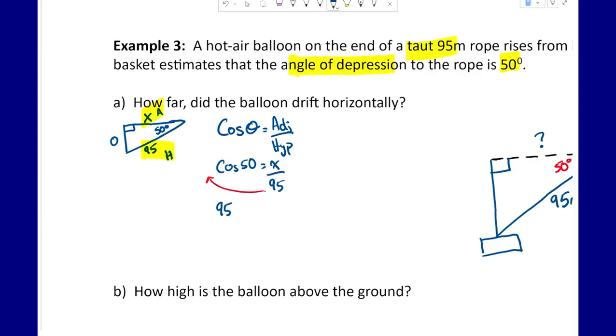So 95 times cosine 50 equals X. And if we plug that in our calculator, 95 times cosine 50, we get 61.1 is our horizontal distance. So that means that the balloon drifted horizontally 61.1 meters.